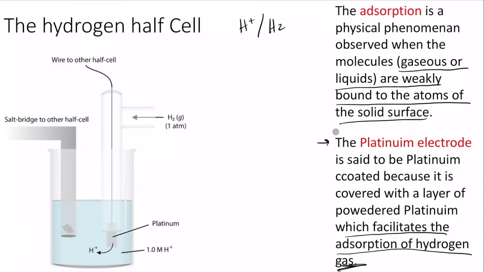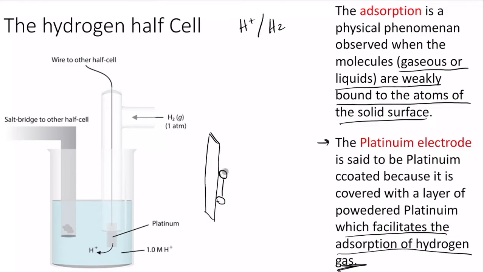Now, this is the platinum electrode. Okay. This is the hydrogen gas. Hydrogen gas will bond weakly to the solid surface of the platinum electrode. Hydrogen gas is a gas.